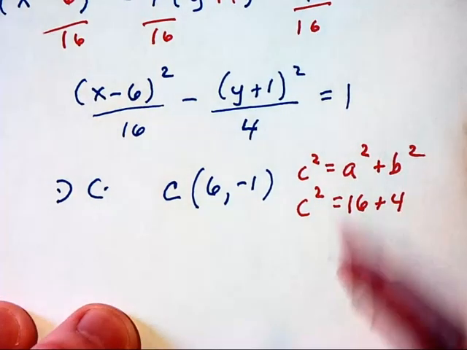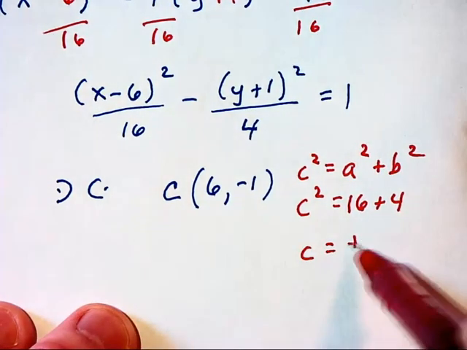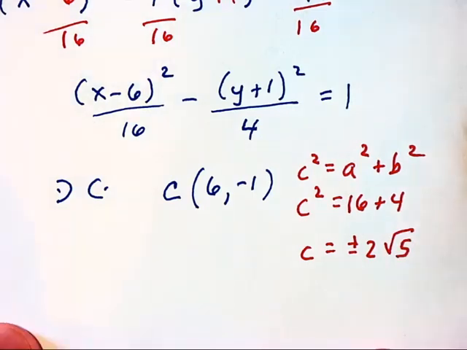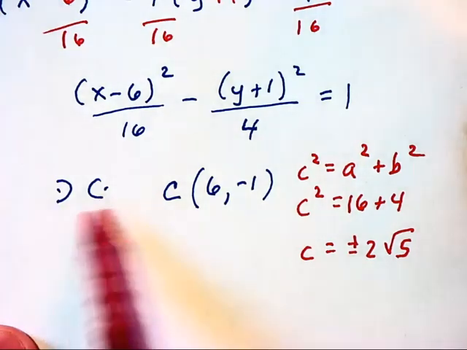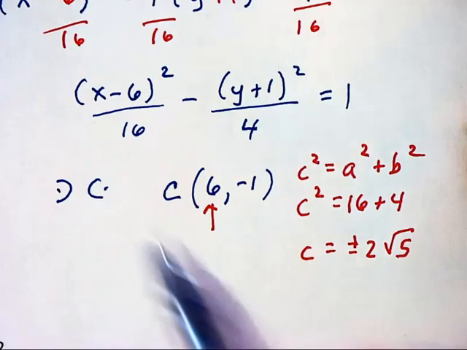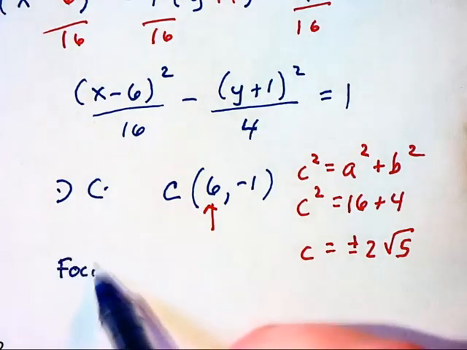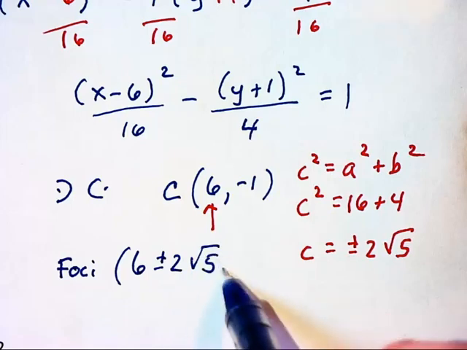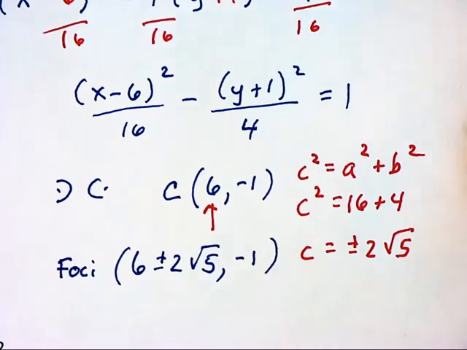And that means that c will be the square root of 20, which will be plus and minus 2 root 5. C is the distance from center to focus, and since this is opening left and right, we're going to be affecting the 6, which controls left and right. So our foci will be located at 6 plus and minus 2 root 5 at a height of negative 1.